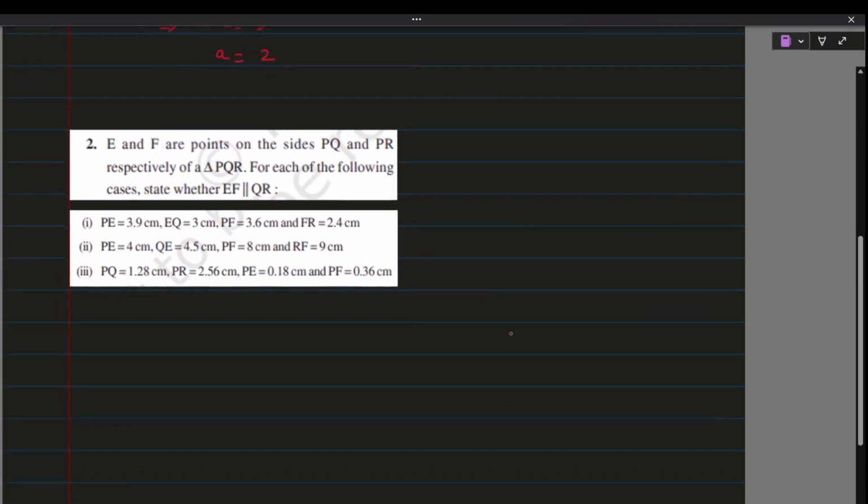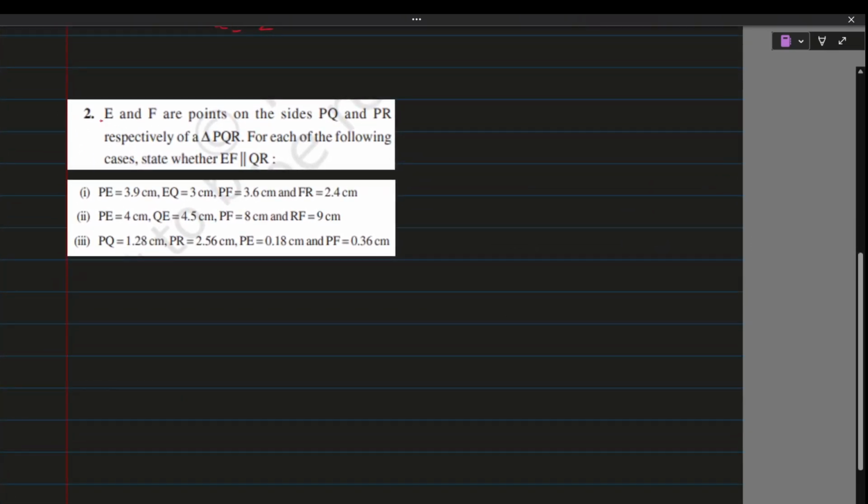In this question it's given that E and F are points on the sides of PQ and PR respectively of a triangle PQR. E is on the side PQ and F is on the side PR. Let's do the first part here.